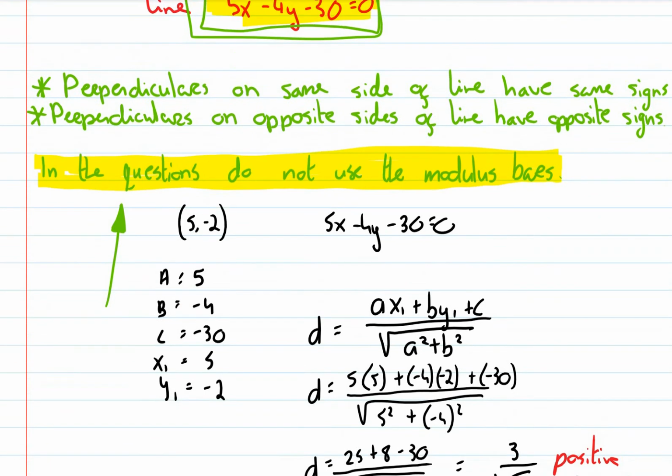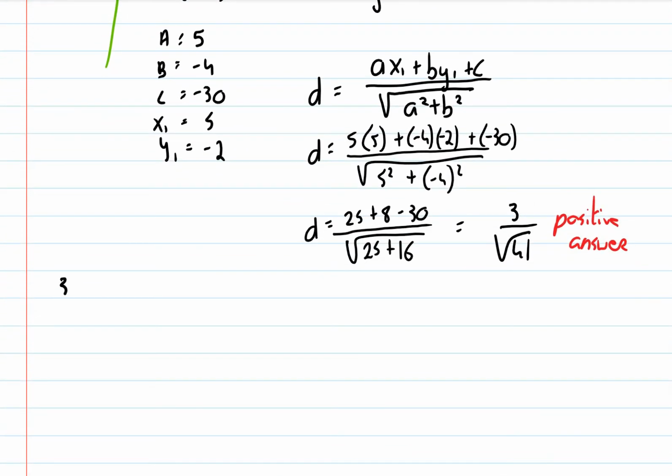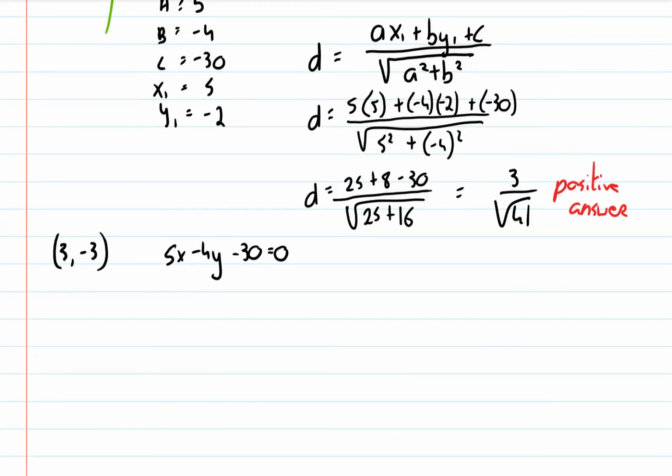Right, so the next one is the point (3, -3). So 3, -3, there's the point. The line is again 5x - 4y - 30 = 0. We do it out. A, B, C, x1, y1. So it's 5, -4, -30, 3, -3.